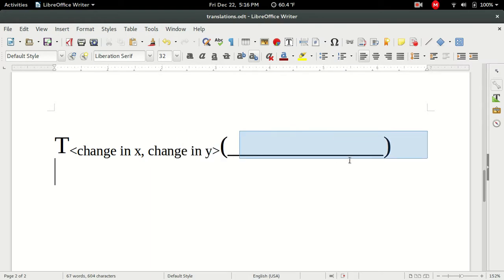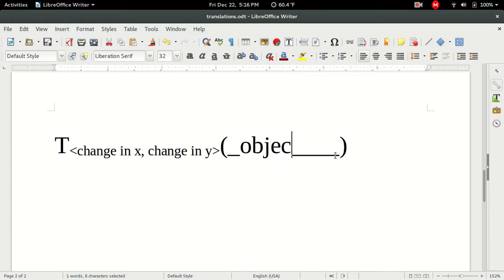Then what will go over here, in subscript, will be whatever the object is that you are moving. So it'll be read as the translation of whatever your change in the X coordinate is, and then whatever the change in the Y coordinate is, of your object.